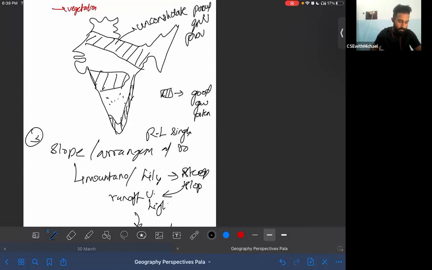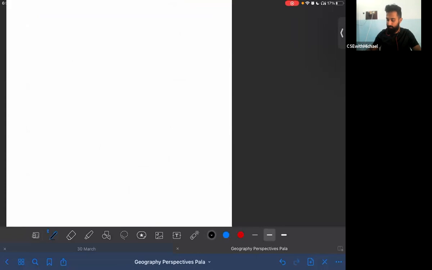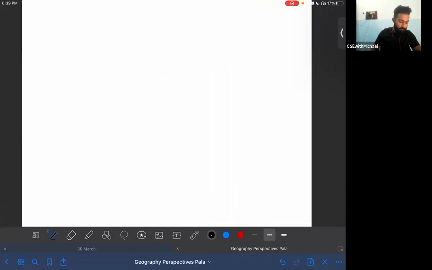Zone 1, you can write. While you are writing that, I'll try to complete the map. Zone 1, Precambrian crystalline province. I hope you are familiar with the name when I say Precambrian crystalline.